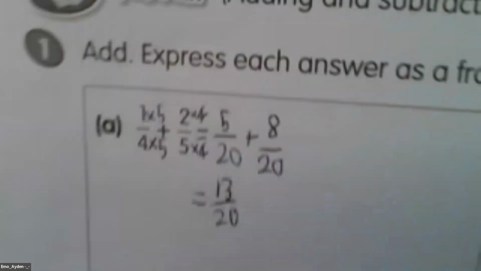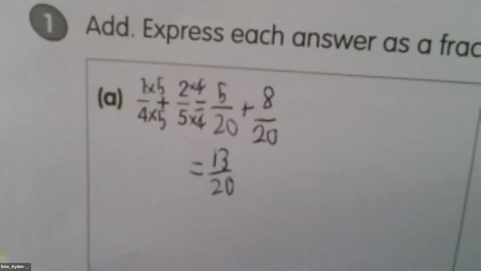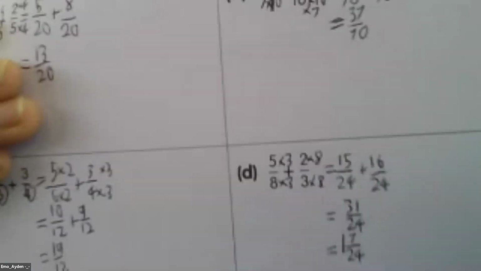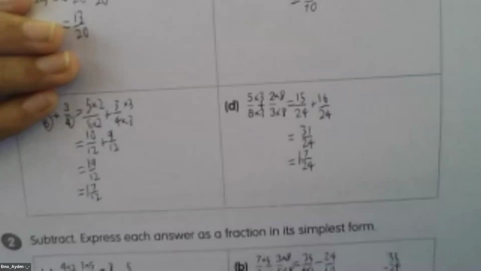Okay, and Aiden's going to show us the addition one. Okay, 13/20, and then you have the first question, B, 37/70, is it? Okay, and then you have 1 and 7. Okay, thank you. Then Skylar wants to show his subtraction.